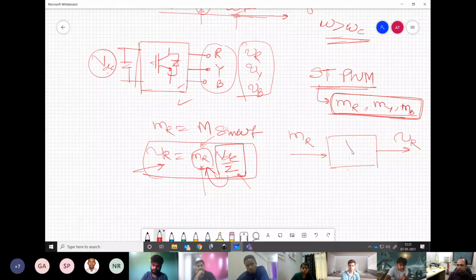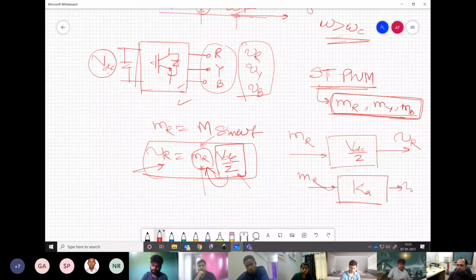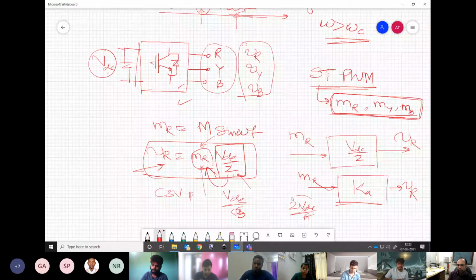So in general, for sine triangle PWM it is VDC by 2, but in general it is some gain which depends on your PWM technique. Here it is VDC by 2. If you go for conventional space vector PWM, it becomes VDC by root 3. If you go for SHE PWM, it becomes 2 VDC by pi.